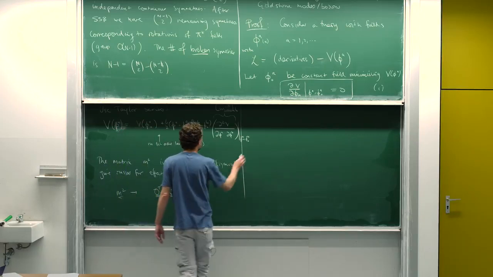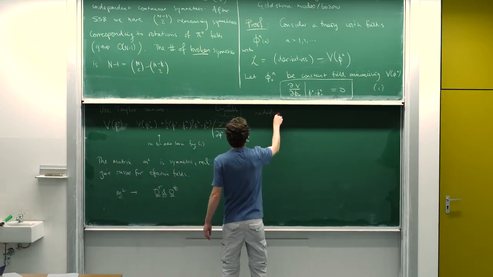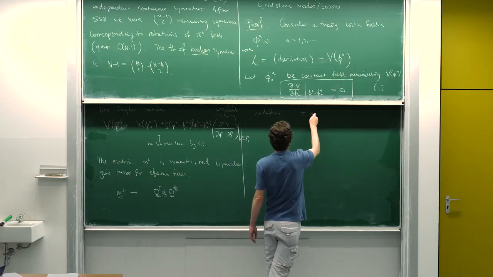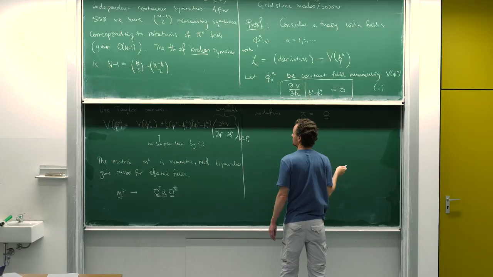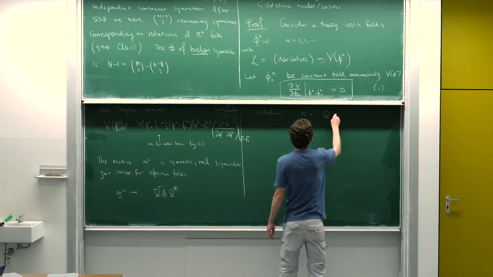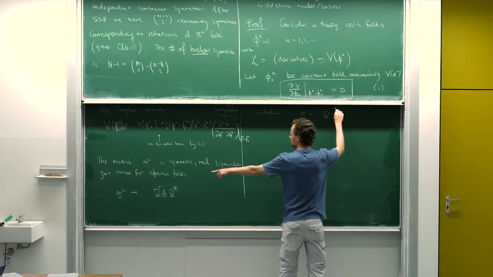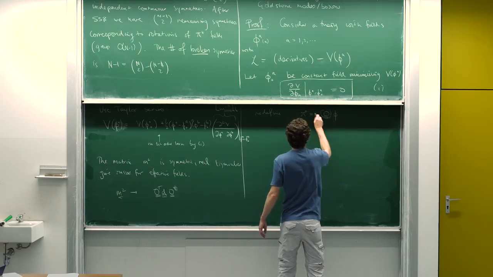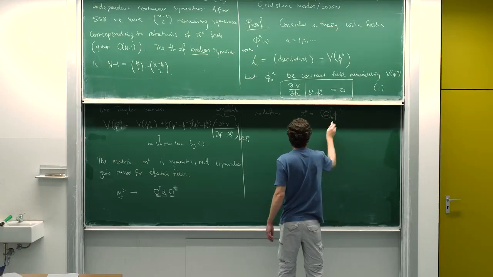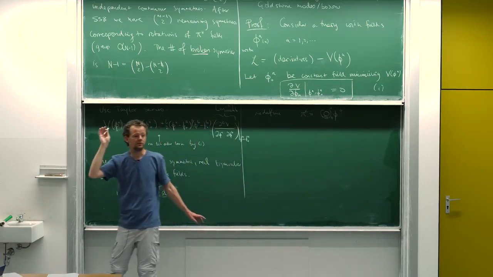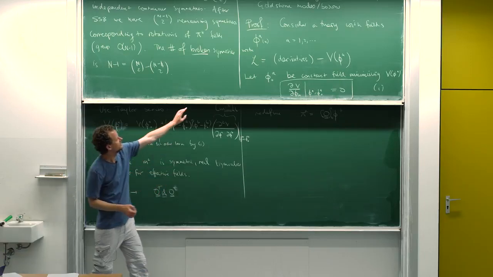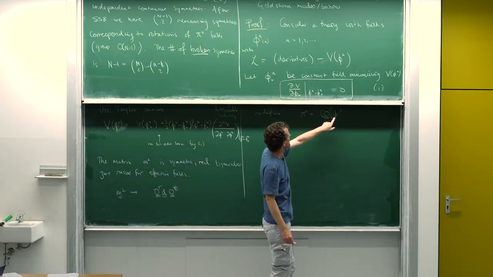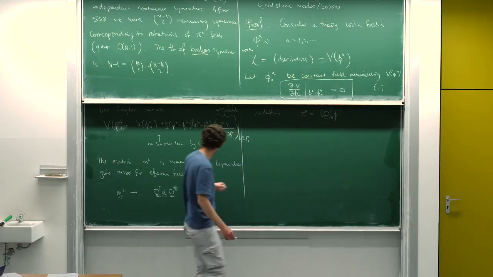And then if you redefine new fields, pi, with this O, then you will end up with some derivatives minus some mass terms corresponding to the eigenvalues of the matrix.